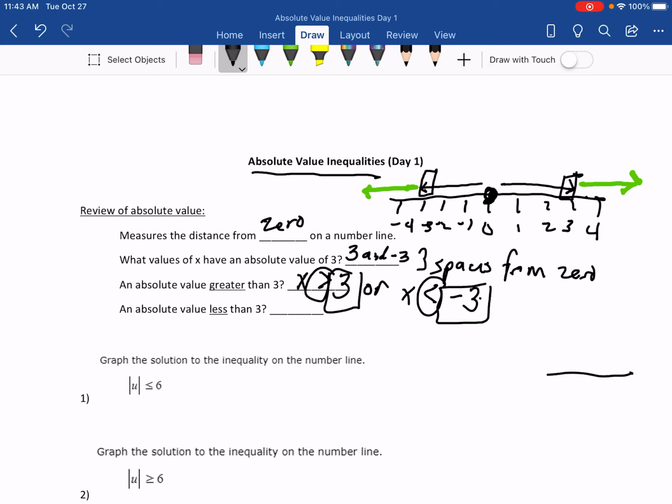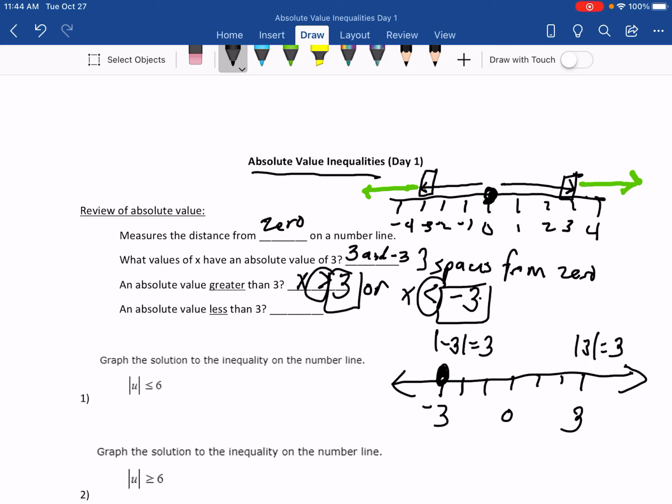Let's redraw a number line. So here's 0, 1, 2, 3, negative 1, negative 2, negative 3. At negative 3, the absolute value of negative 3 is equal to 3, and the same with the absolute value of 3 equals 3. So we want to know when we have an absolute value less than 3.